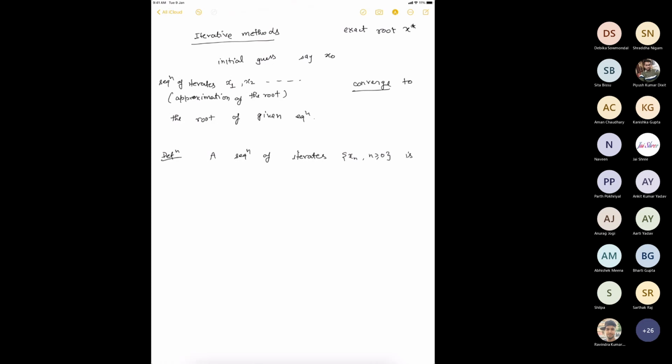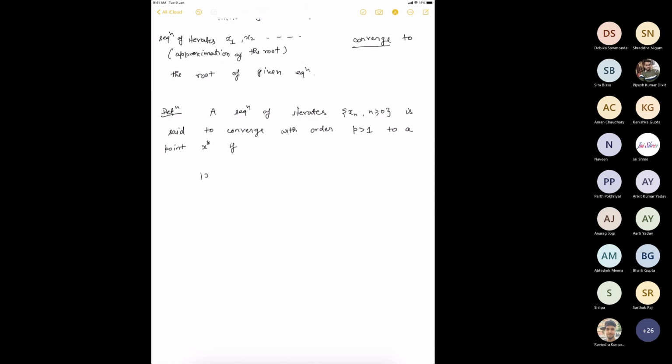And we say that this converges with order p to a point x star if the difference of xn plus 1 and x star is less than or equal to some constant times the error at the nth iterate raised to power p.